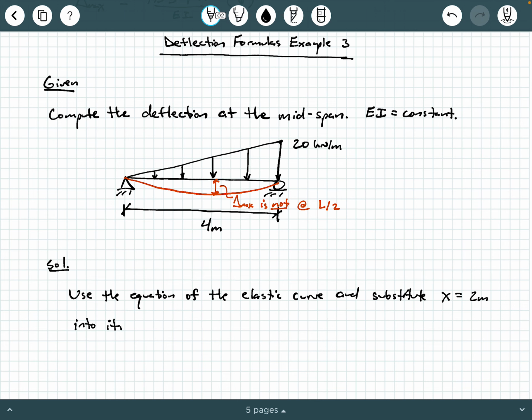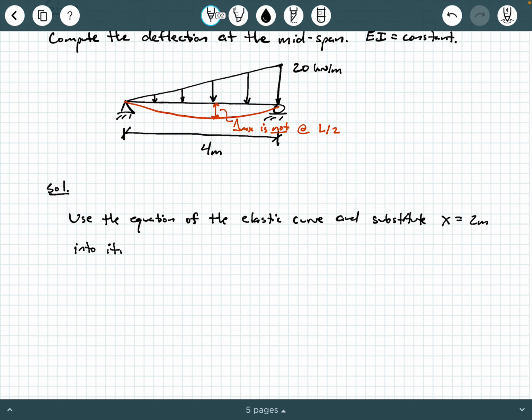The reason is that in that table, we only have given to us the maximum deflection, which is at x equals 0.52L, which is not quite at 2 meters. So it's not quite half of the length of the member. So this is a good exercise on how to use the elastic curve when we need to use it, which we might need sometimes, okay?